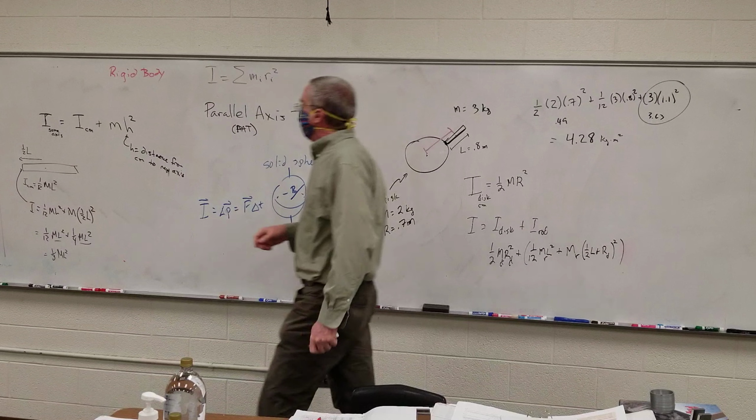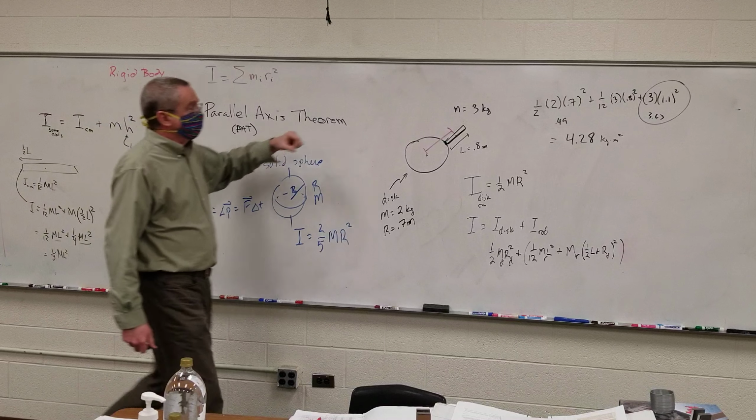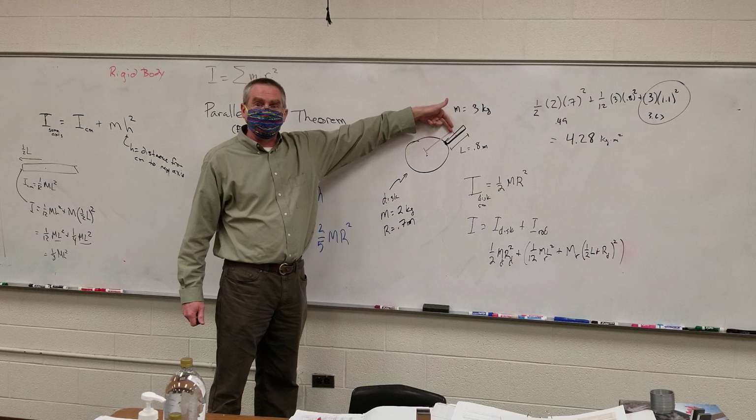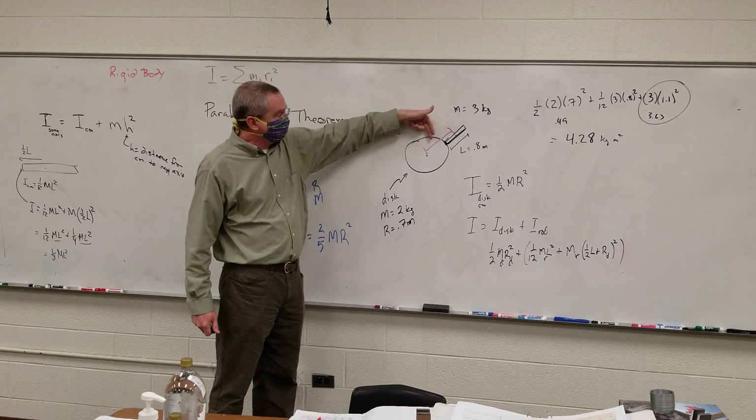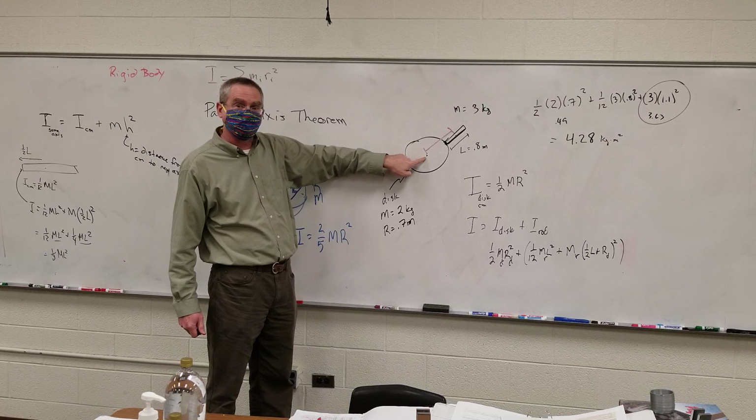Again, for the parallel axis theorem, when you shift the axis of rotation from the center of mass to some other spot, you're going to tack on this plus mh squared, where h is the distance from center of mass to where the new axis is. So there's the center of mass of the rod, and I shifted it to here. That is the new axis of rotation, because it's rotating about the central spot right there.